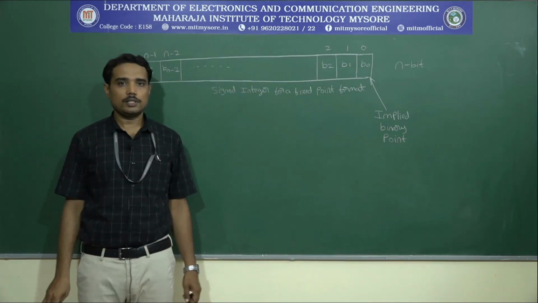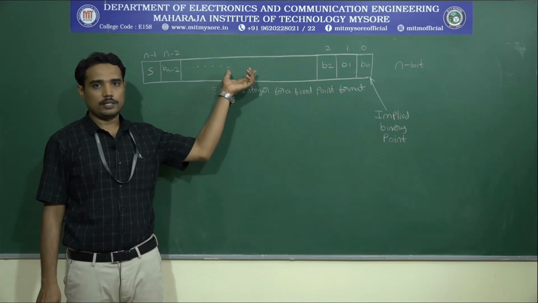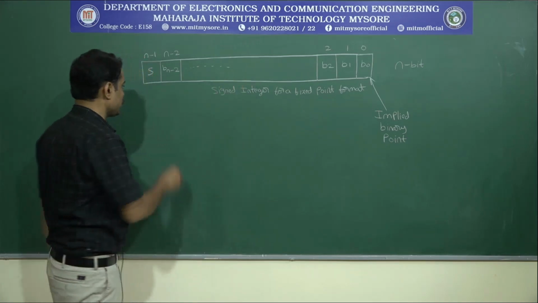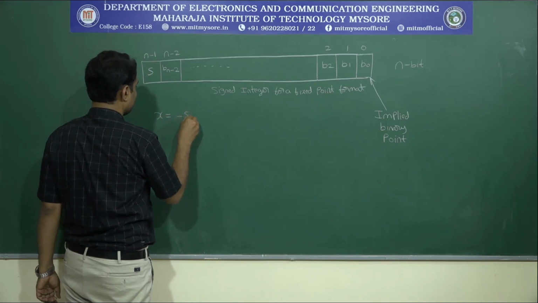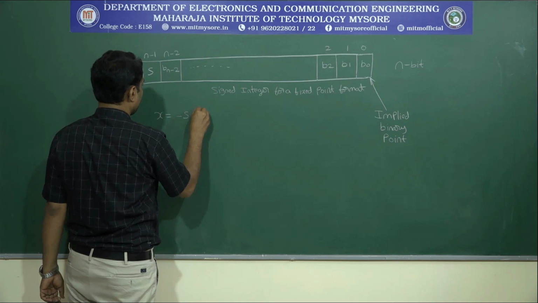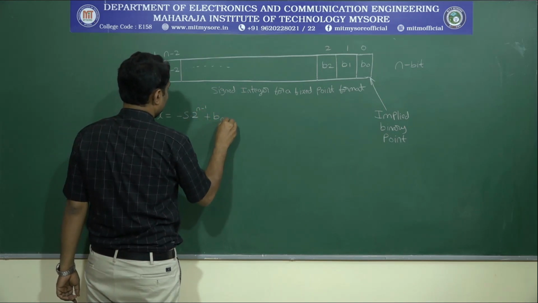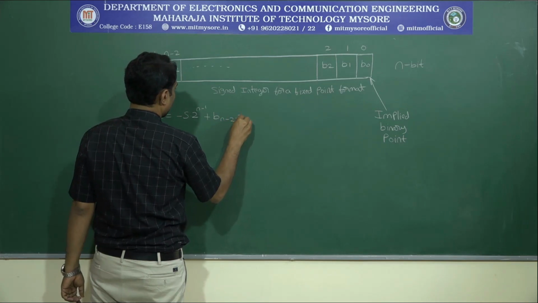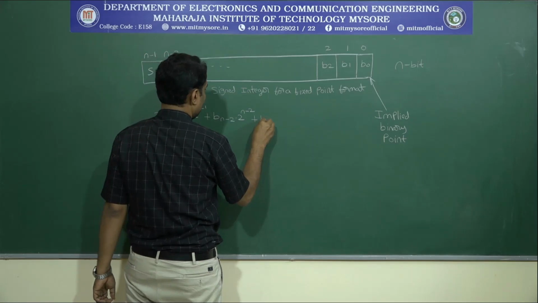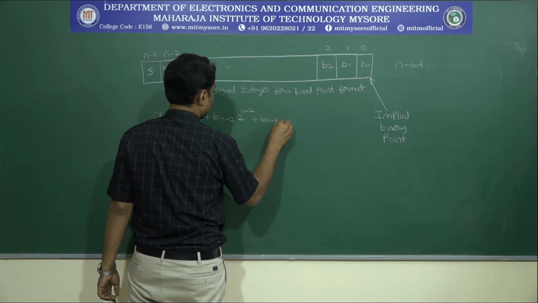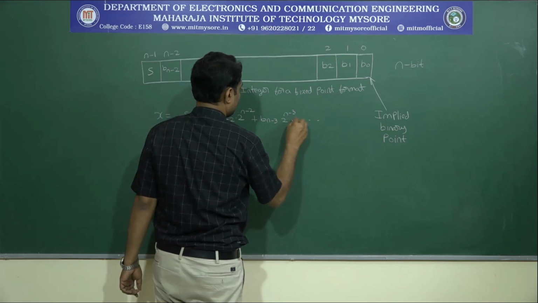If you try to express any specific value in this format, then the value x can be written as x = -s·2^(n-1) + b_(n-2)·2^(n-2) + b_(n-3)·2^(n-3) and so on.